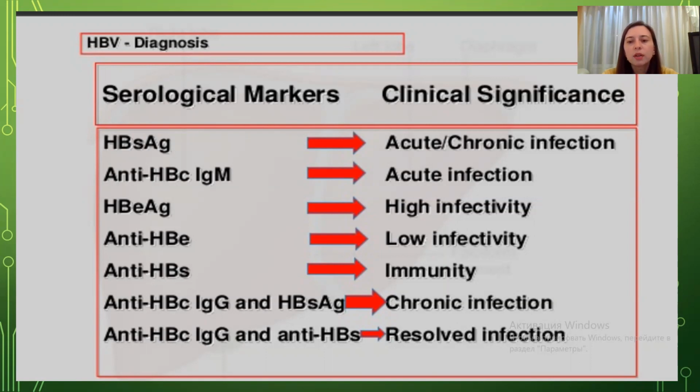Anti-HBe characterizes low infectivity. Anti-HBs characterizes immunity. Anti-HBs and immunoglobulin G and HBs antigen characterize chronic infection, and anti-HBc immunoglobulin G and anti-HBs characterize resolved infection.